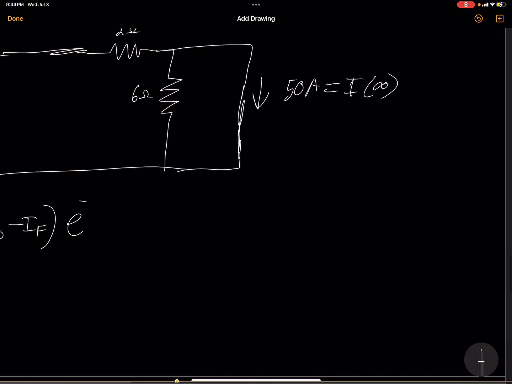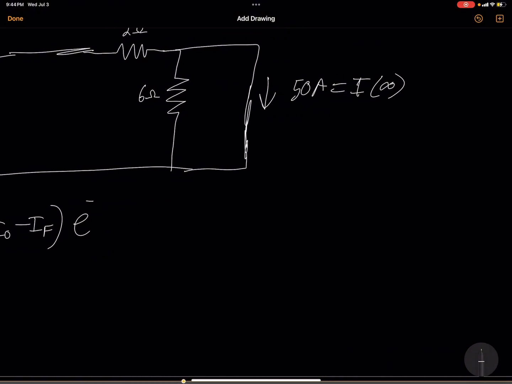Let me remember this. I always do this to remember what goes up in this exponent. Let's say you have an inductor and a resistor, like so. We do Kirchhoff's voltage law.